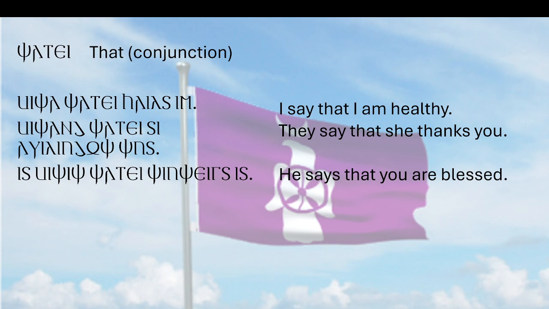So is at the beginning is the third person singular nominative pronoun, and is at the end is the second person singular present tense of the verb 𝑉𝐹, meaning to be. So 𝐻𝑌𝑰𝑋, he says, what does he say? You are blessed. You are blessed can be translated into 𝑥 is 𝑥. So that you are blessed, 𝑥 is. 𝐻𝑌𝑰𝑋 𝑥 is. He says that you are blessed.